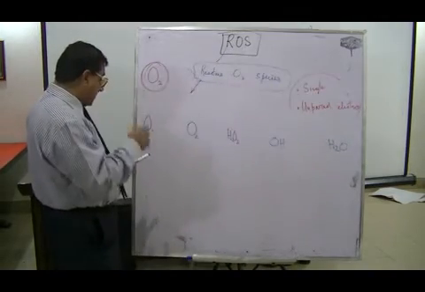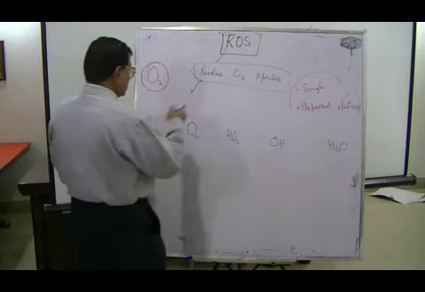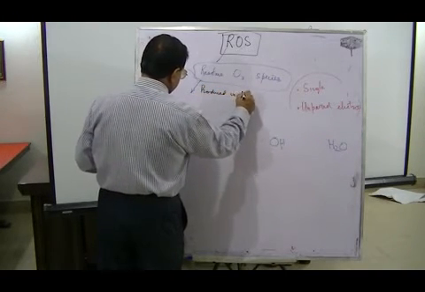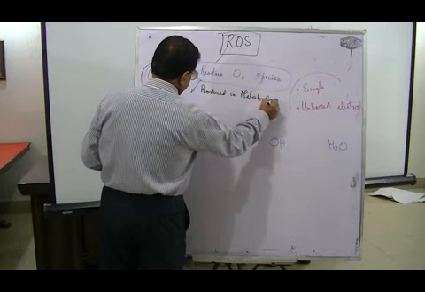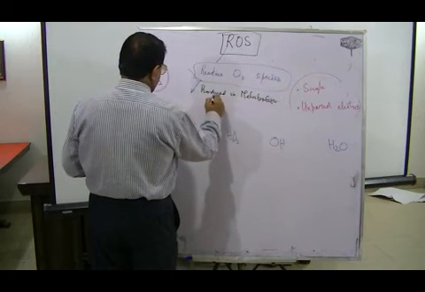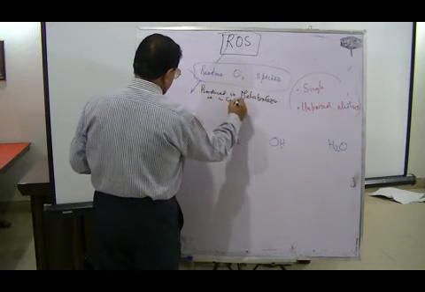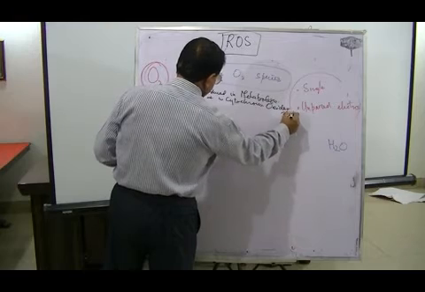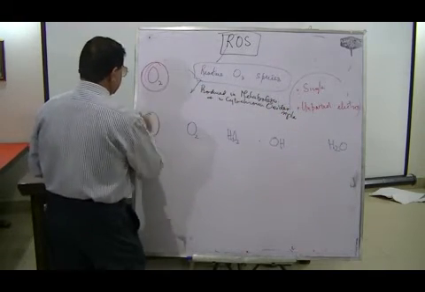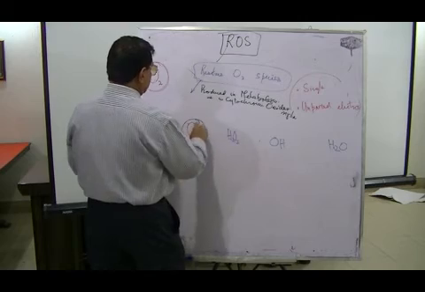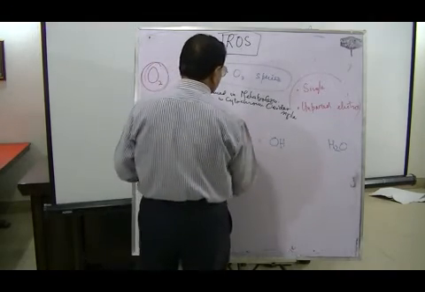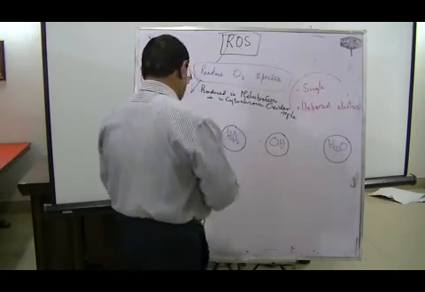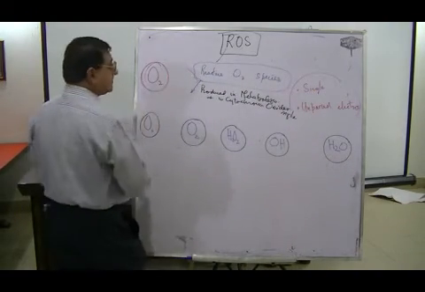So what happens in mitochondria? Reactive species is produced in metabolism, and in the cytochrome oxidase system. This is oxygen, it is converted into superoxide, this is converted into H2O2, this one is converted into hydroxyl radical, and this one is again converted to water.